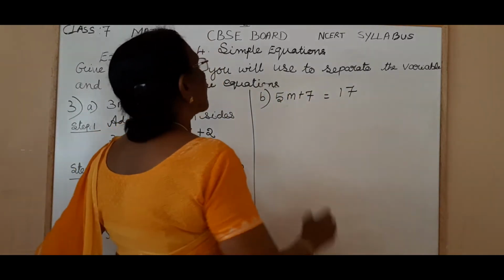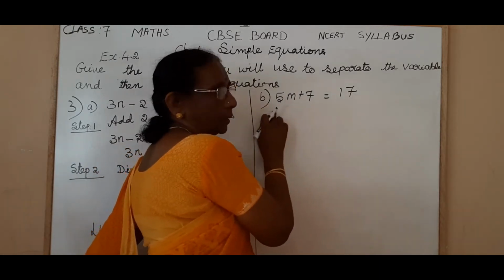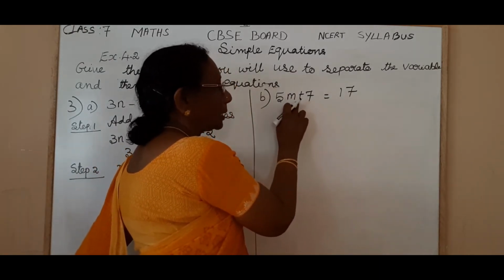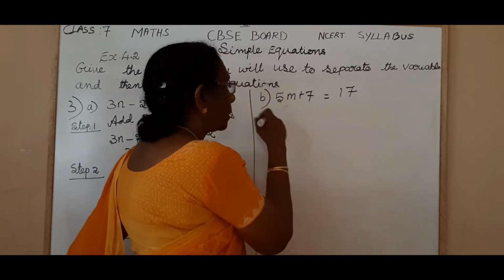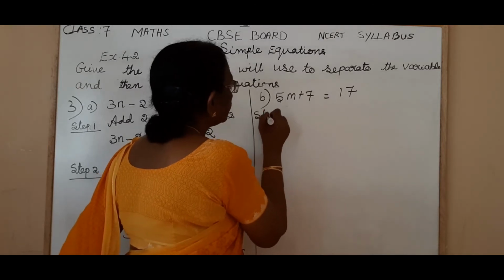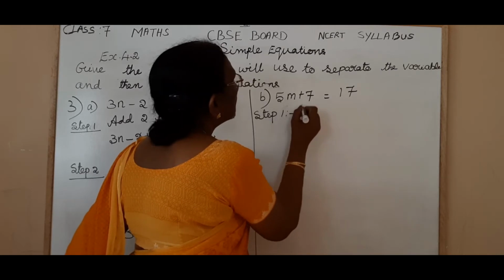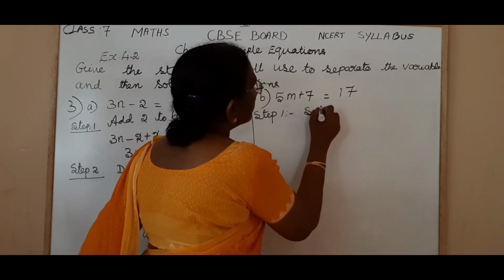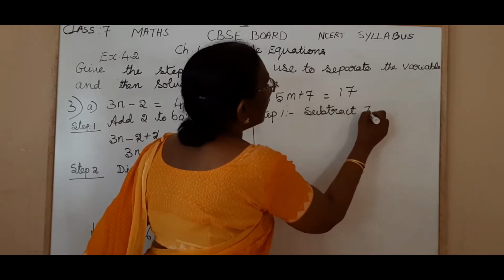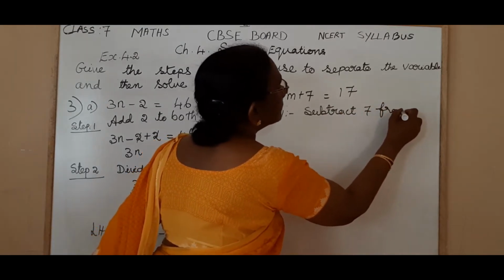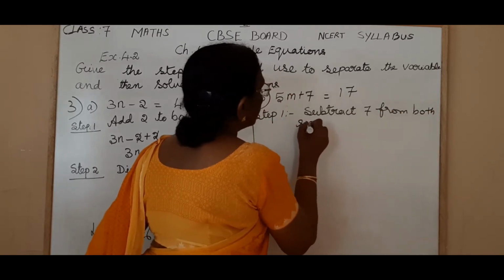Now, sum number 2. Here, what should we eliminate first? What are the numbers? 7 and 5. 7 is connected with the addition operation. 5 is connected with m by multiplication. So first step is to subtract 7 from both sides.